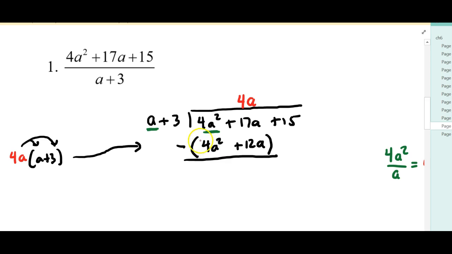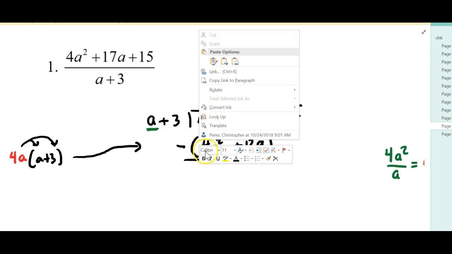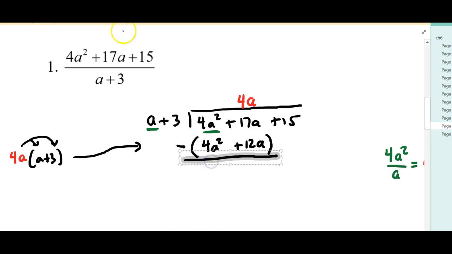But you can make a note of it, either write it in or just a mental note. This term will become negative if I distribute there, and this will also become negative. Okay, so that's my new signs, after applying that to both.